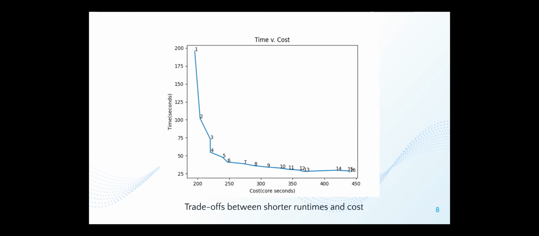Towards the end, the law of diminishing returns is really visible as it shows really little improvement with regards to time as the cost rises. This can prove to be really useful for Parsl workflow users, so they can find the quickest running and the most efficient number of cores without overspending.